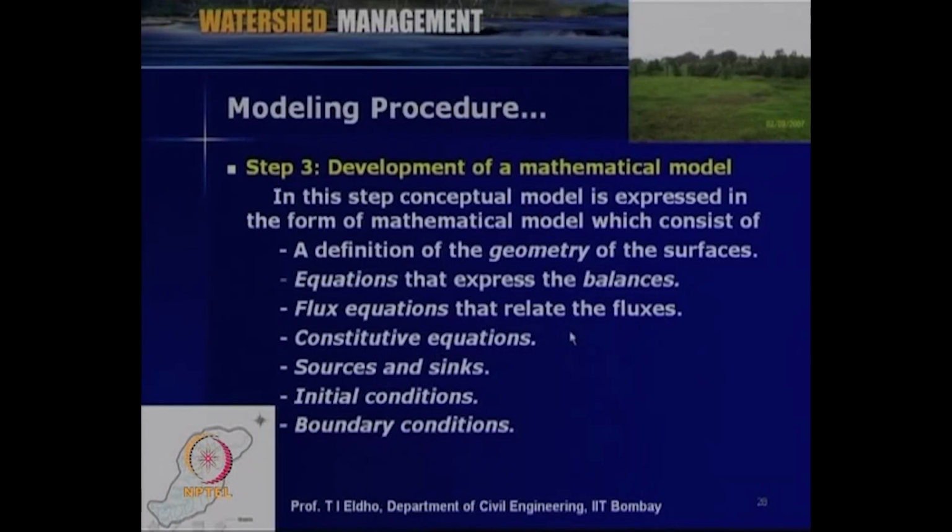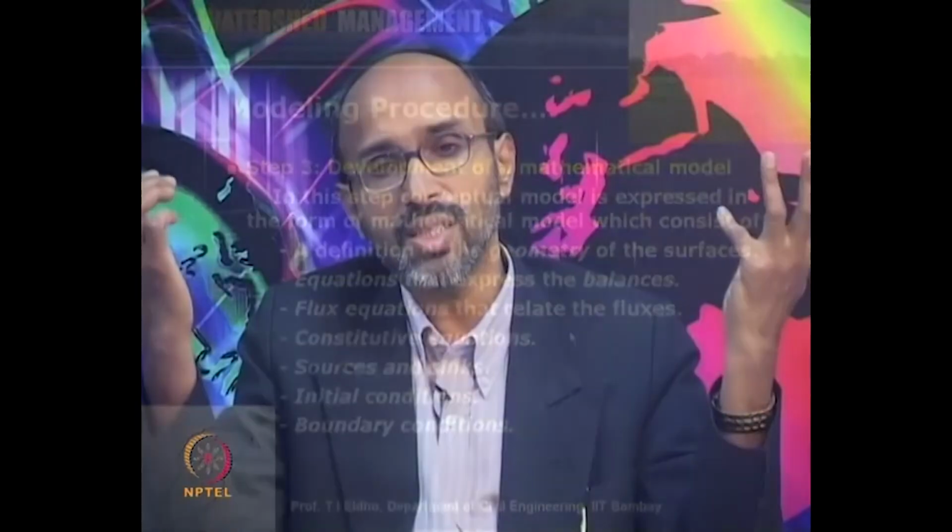As I mentioned, the watershed model is a very complicated system. So, it is not possible to have simple models like analytical models or simplified empirical equations. Most of the time we have to go for complex distributed models.